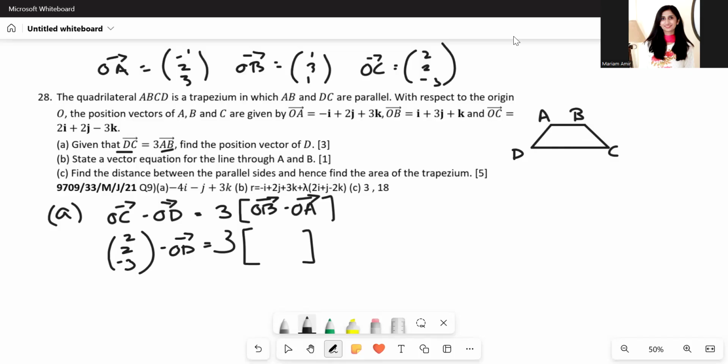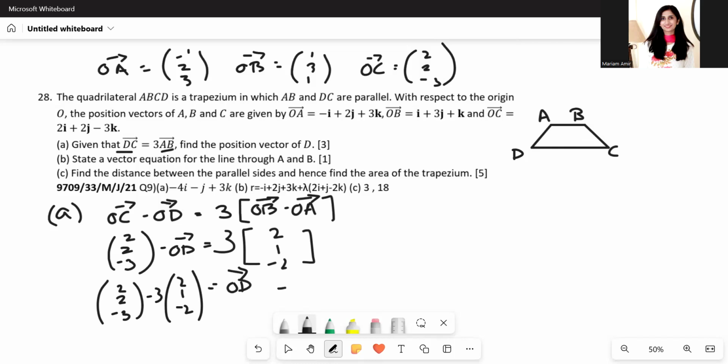Right. So OB minus OA would be 1 minus minus 1, which is 2. Then 3 minus 2, which is 1. And 1 minus 3, which is minus 2. Now we triple this and send it to the other side. (2, 2, -3) minus 3 times (2, 1, -2) equals OD.